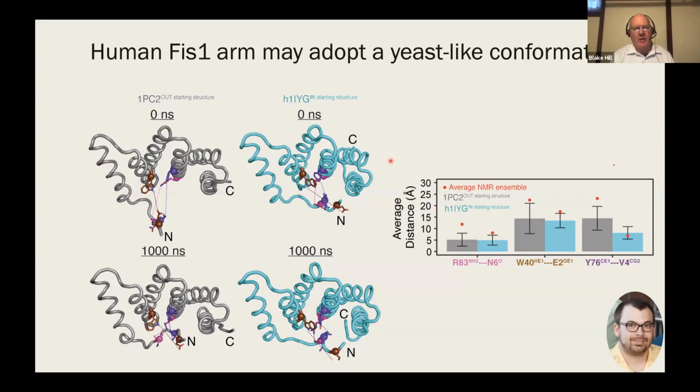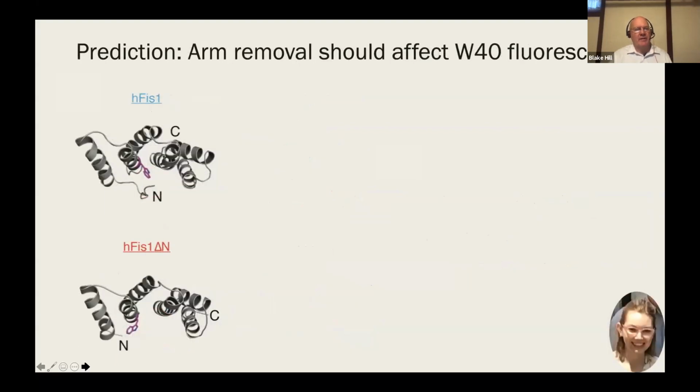Is there any experimental evidence that might support that idea? So what we did then is we looked at the tryptophan, and this is work of MD PhD student in lab, Kelsey Meacham. And what Kelsey basically said is, look, this model predicts, given where the tryptophan lies, that if I remove the arm, I should see a difference in the tryptophan fluorescence if the arm is tucked in.